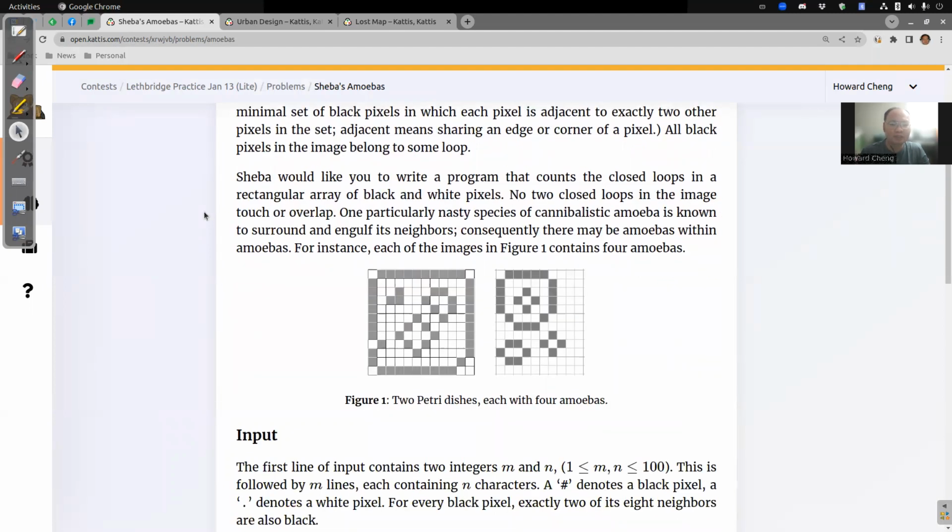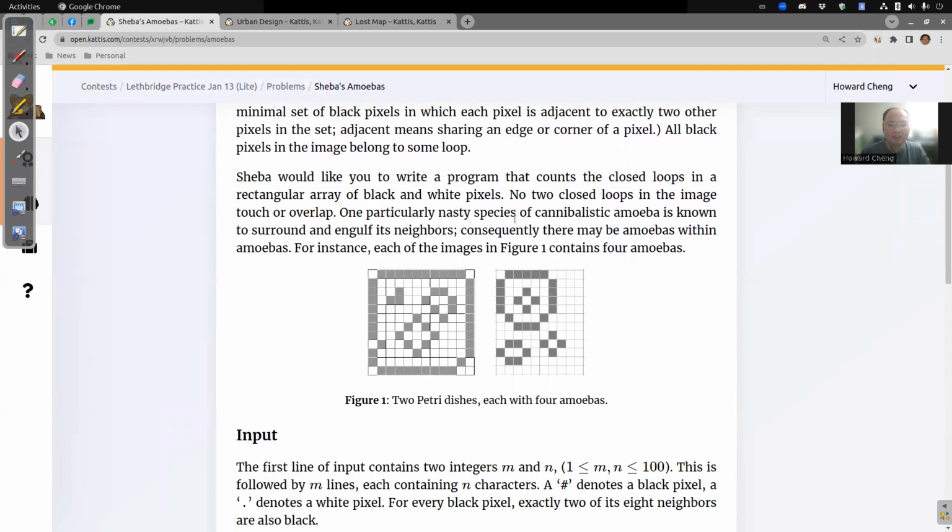All pixels in the image belong to some loop. So this means you don't have some pixels just hanging around that you have to somehow discount. Steve would like you to write a program that counts closed loops in a rectangular array of black and white pixels. No two closed loops in the image touch or overlap, so that's good.